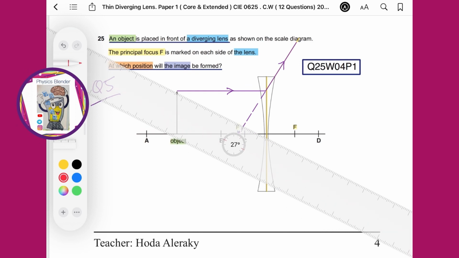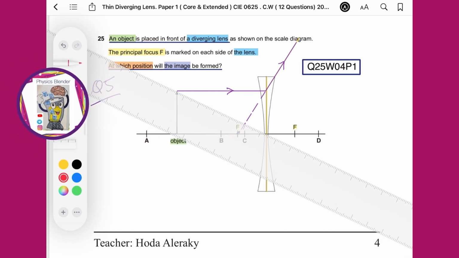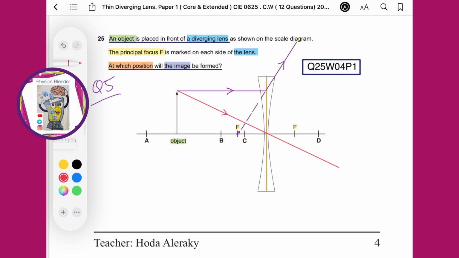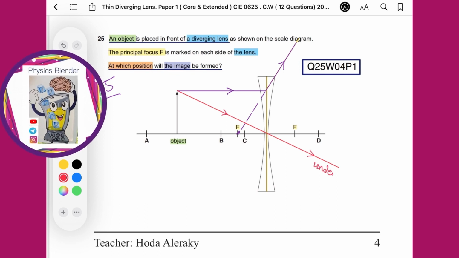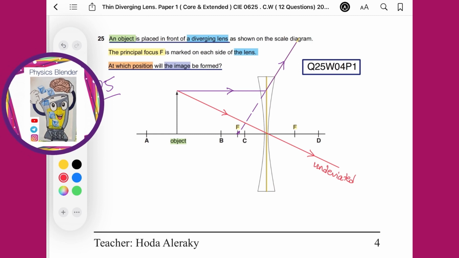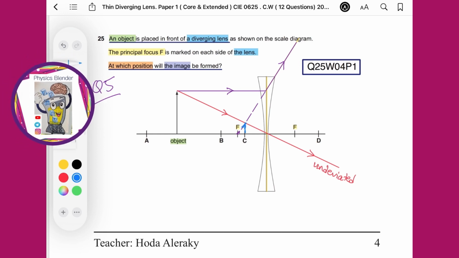Passing through the optical center undeviated. Where the two rays intersect, you can find the location of the image. Let's draw it in blue, so the location will be at C.